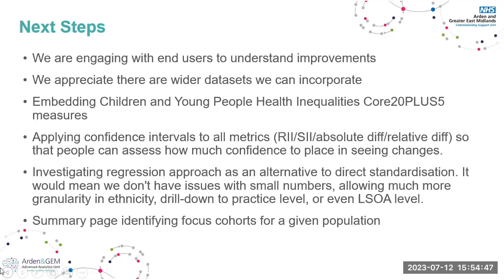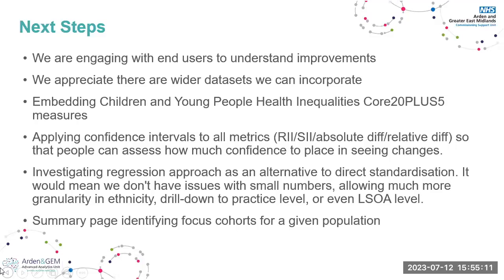We also want to try and drill down further from PCN level down to GP practice level potentially, and to be able to do some of that, we're looking at a regression approach as an alternative to standard direct standardisation, because the numbers at the moment become so small, they're very hard to work with, and it's just basically blank nulls.